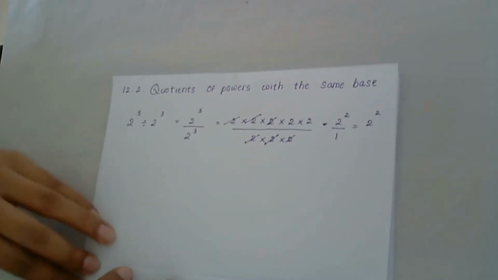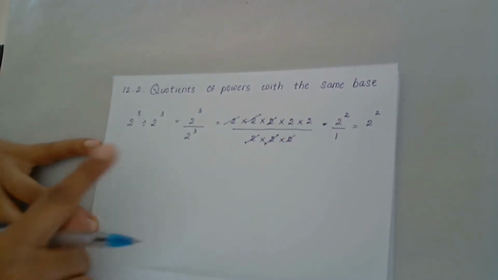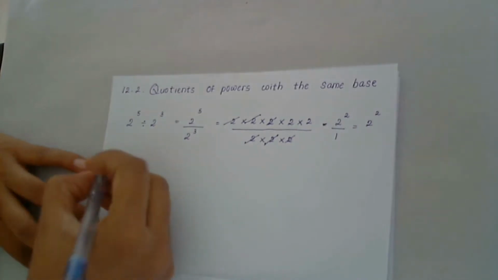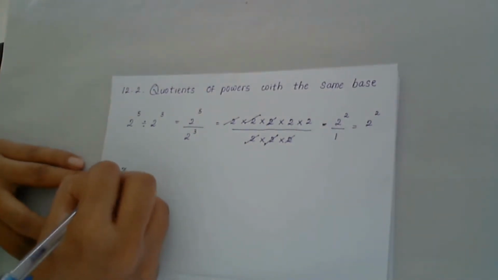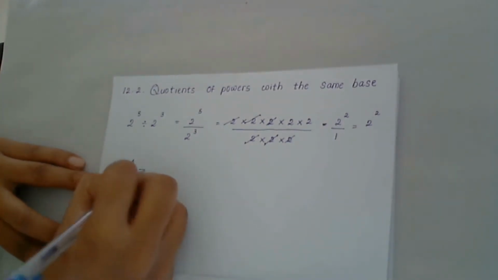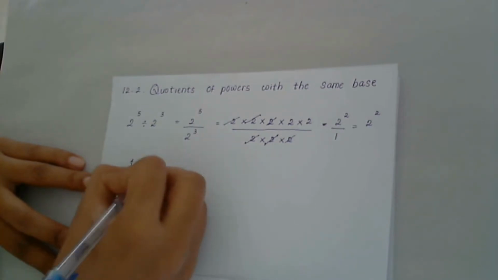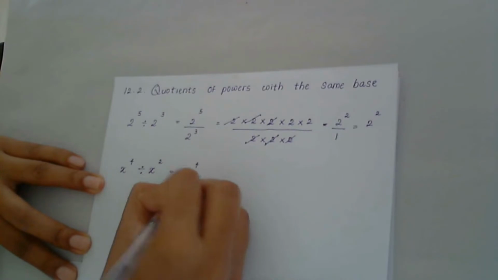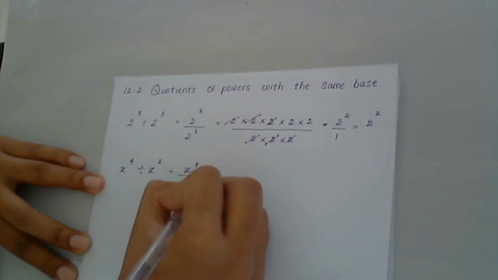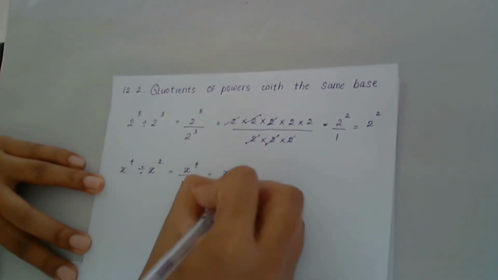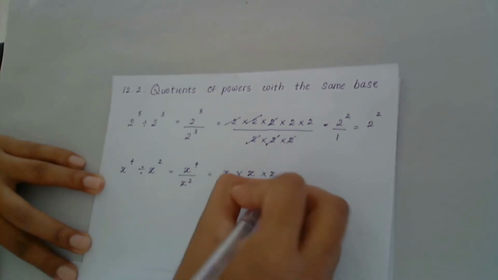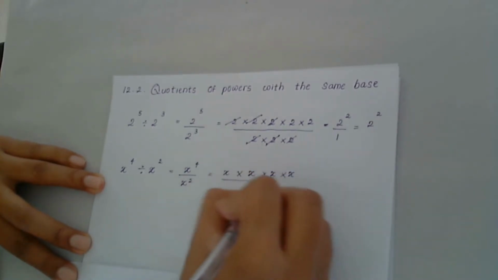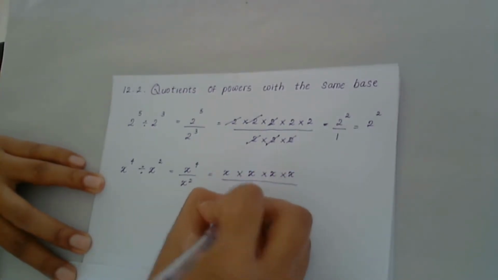Now let's discuss this same idea with an algebraic base. x to the power 4 divided by x to the power 2. x into x into x into x divided by x into x.